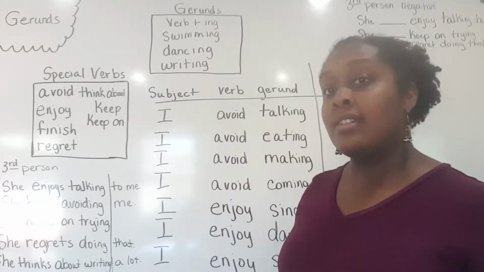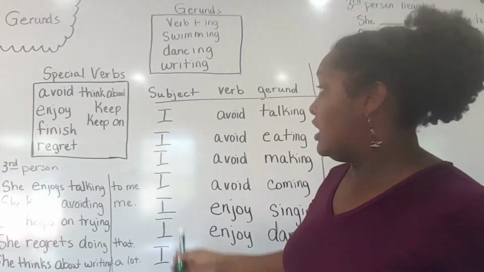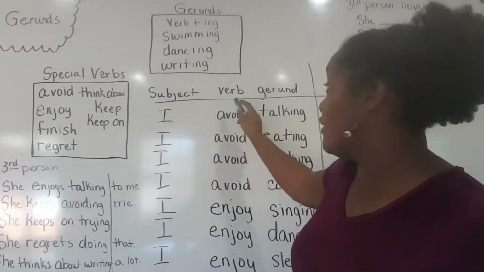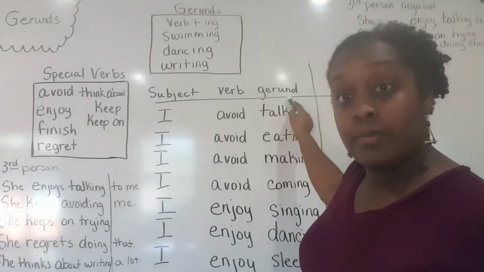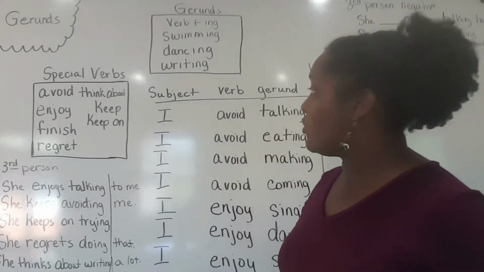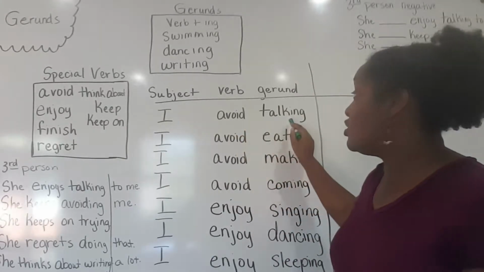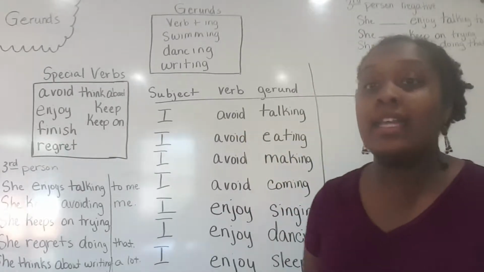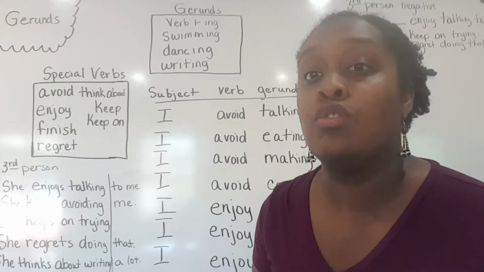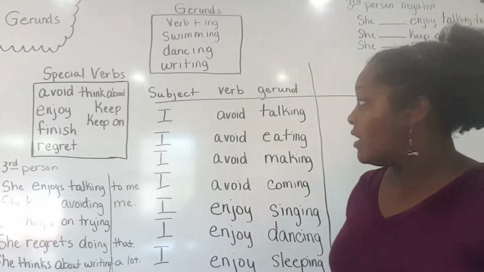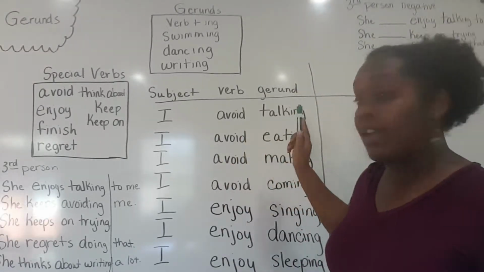When you put it in a sentence or a statement, you have the subject, the verb, and the gerund. So in this example, I avoid talking. Avoid means it's something that you try not to do, okay? So I avoid talking.